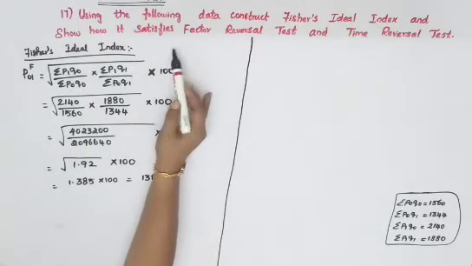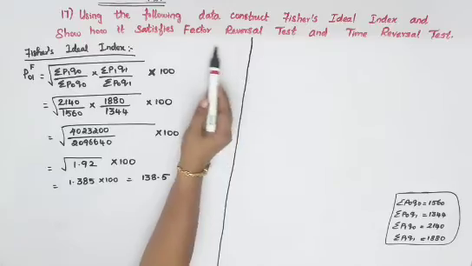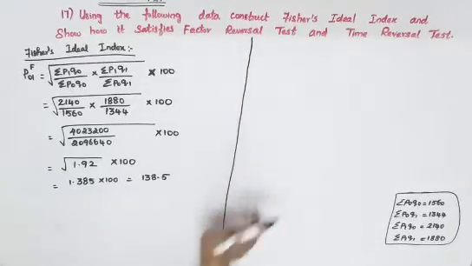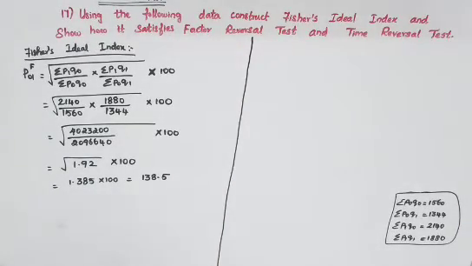The second part is to show how it satisfies the factor reversal test and time reversal test. So first we will do the factor reversal test, then the time reversal test.